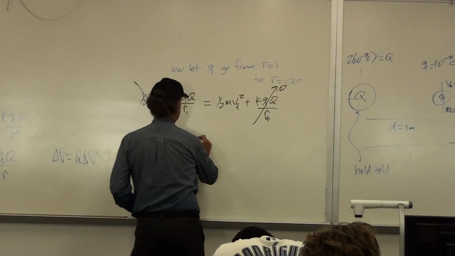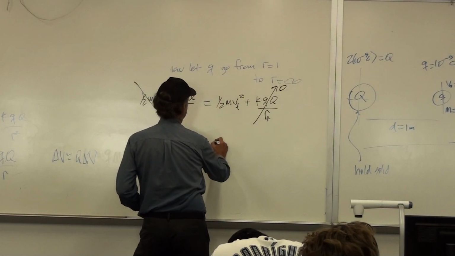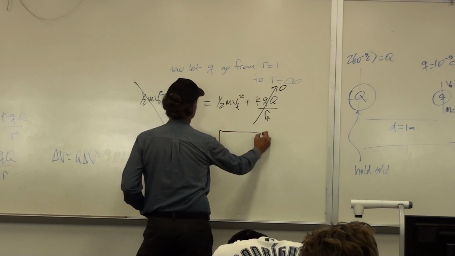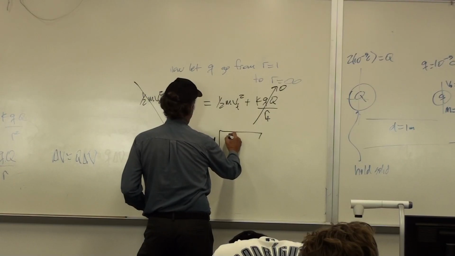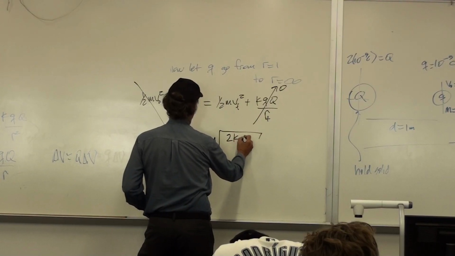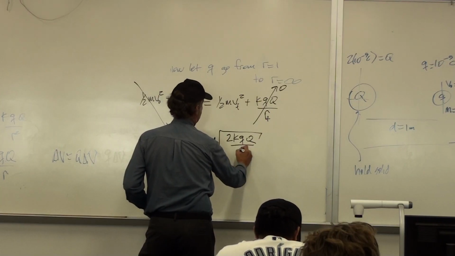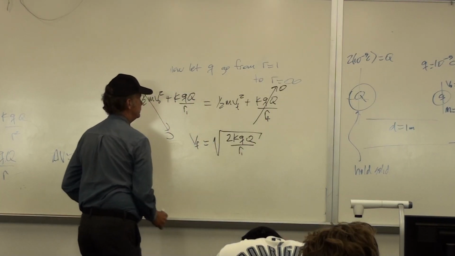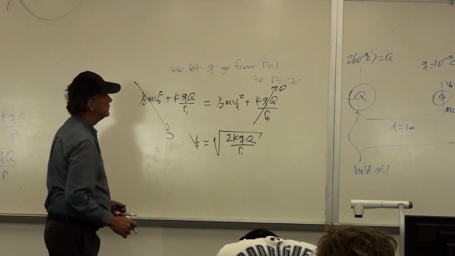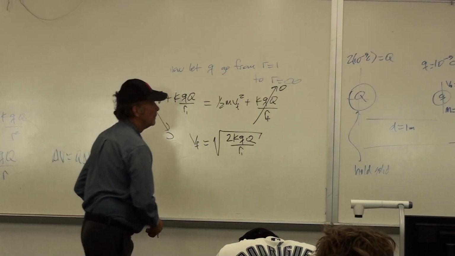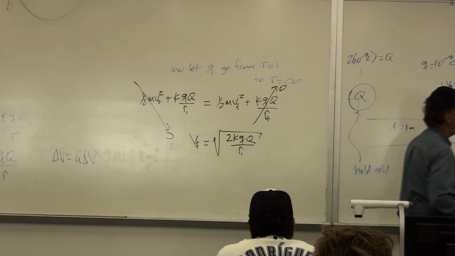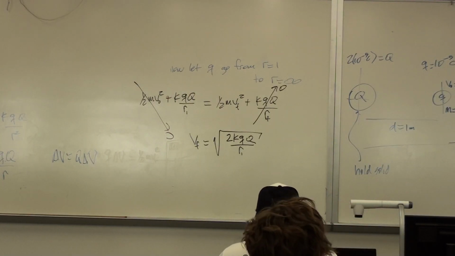So that means that V final is going to be the square root of 2k little q big Q over R1. But R1 is just 1 meter. So can you see how that relates to this?